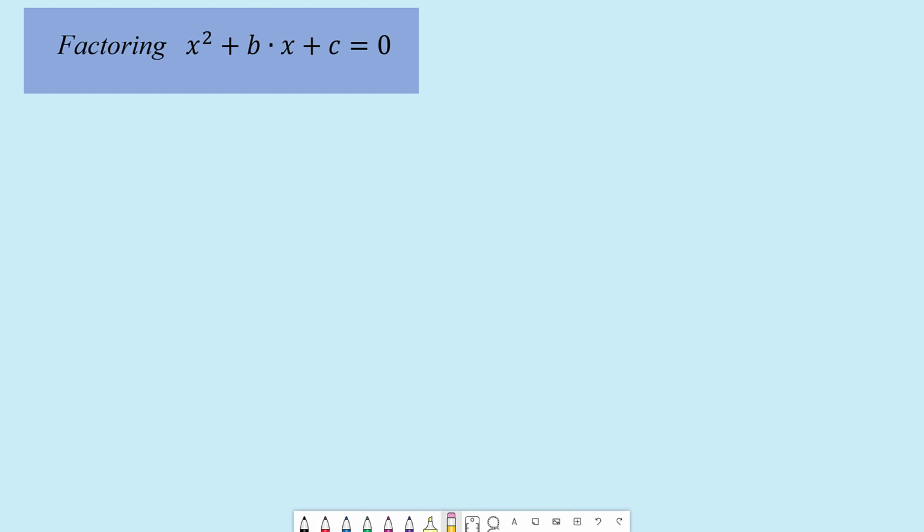We're looking at quadratic equations, and in this video we're going to focus on solving by factoring. And what does that mean? As a reminder, factoring is when we have a product of terms. So in this case we have an equation that equals 0, so we'll have a term a1 times a2 and so on equals 0.